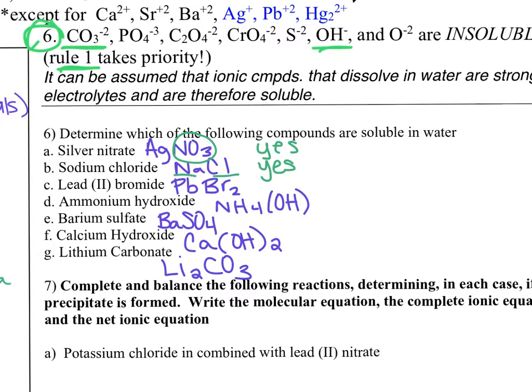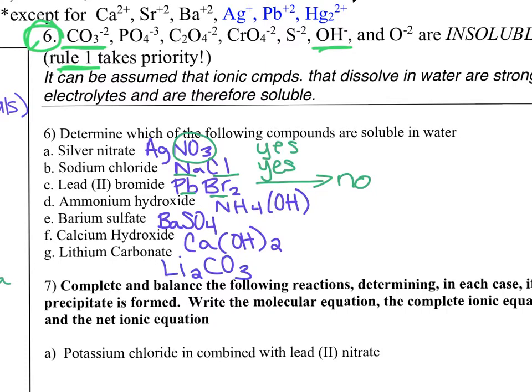Lead bromide: it's going to be a no. The PMS rule tells us that lead mixed with group 17 is not soluble.